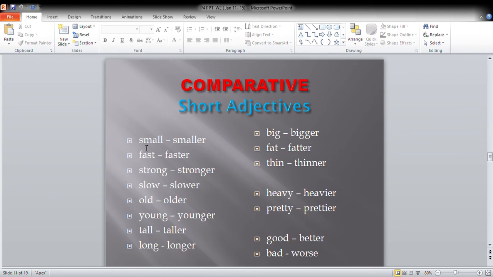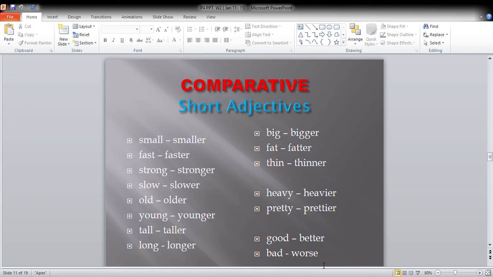So we have small, smaller; fast, faster; strong, stronger; slow, slower; old, older; young, younger; tall, taller; long, longer; big, bigger; fat, fatter; thin, thinner; heavy, heavier; pretty, prettier; good, better; bad, worse.